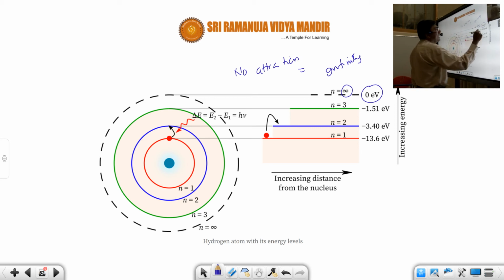But when it is getting attracted, you get negative values. See, when increasing distance, what is happening? You don't have 10 electron volts, 20 electron volts, 30 electron volts. These are quantized orbits. Only these energies, only these orbits will be present. In a particular radius only orbits will be present. That is called quantization. You have to understand that principle.